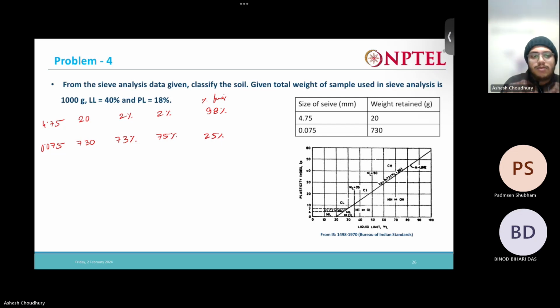Now, tell me whether it is a coarse soil or fine soil. First, you need to identify this. The first step is to identify whether the soil is majorly coarse or fine.